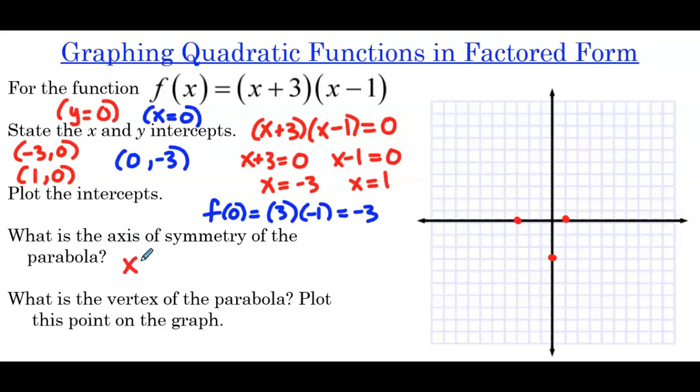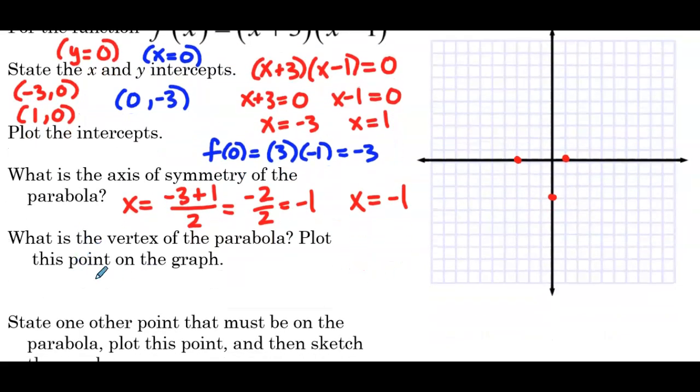So we can find the average of the x values for the x-intercepts, so the average of negative 3 and positive 1, so that's going to be negative 2 divided by 2, which is negative 1. So the axis of symmetry is x equals negative 1, and we can use this to find the vertex, so we'd have negative 1, comma, we need to find the y value, so we're going to plug negative 1 into our function.